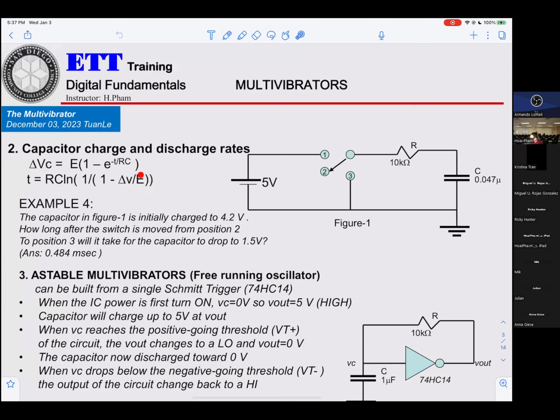E again will be the difference between the initial voltage on the capacitor and the voltage the capacitor tries to reach. Can you tell me what it is supposed to be?